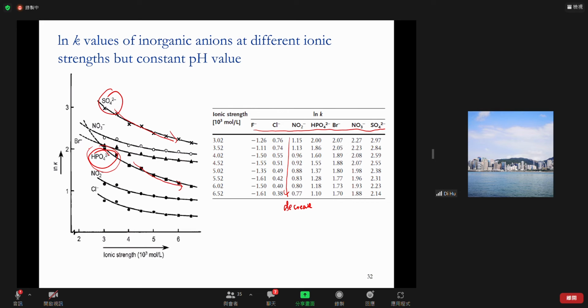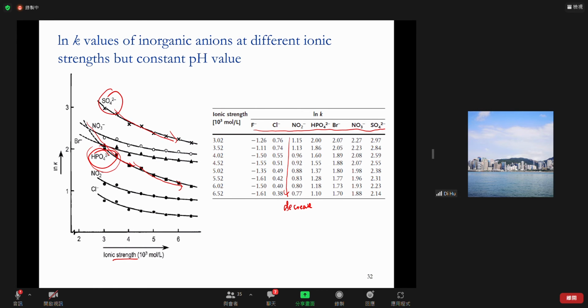With increasing ionic strength, it is more sensitive to that change and decreases more, so it comes out before bromide, right? You can see this is how it changes.